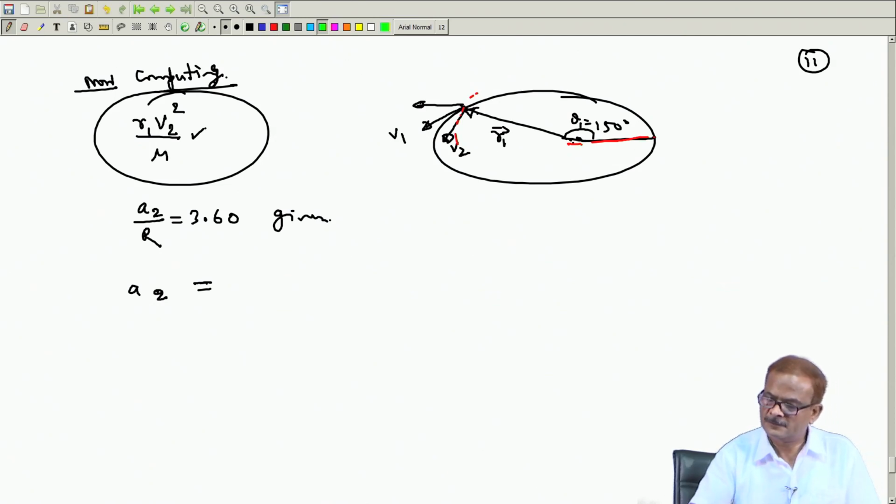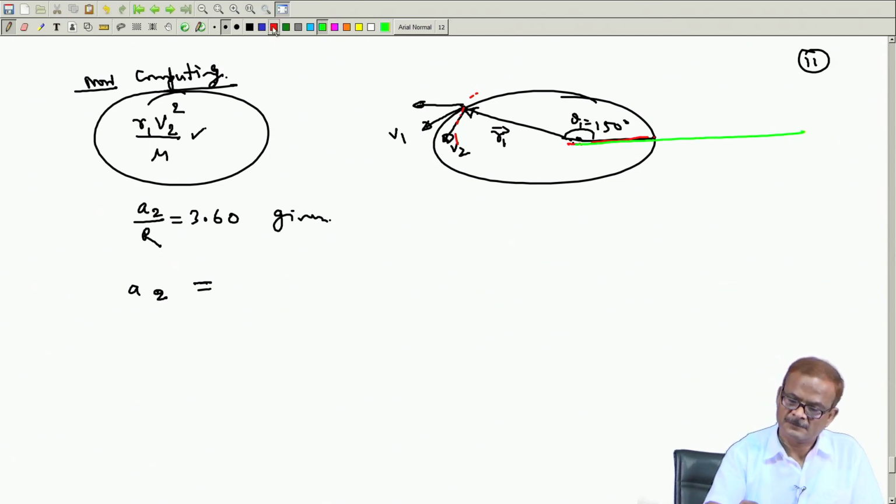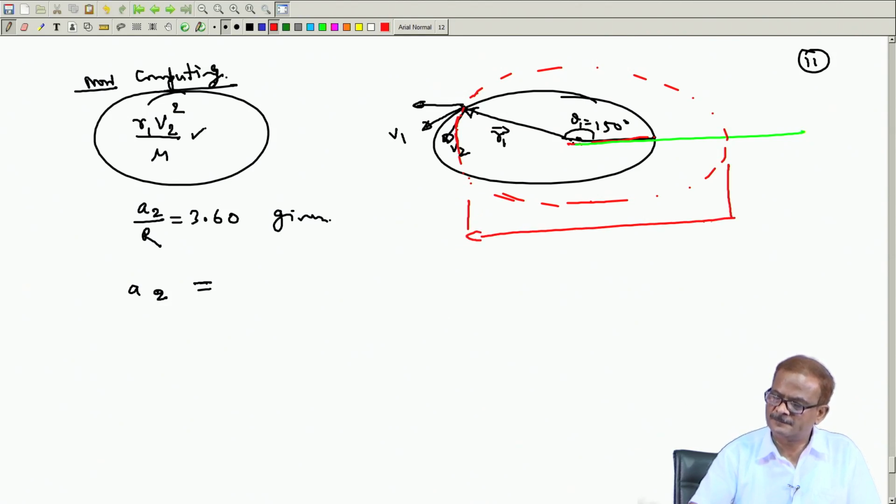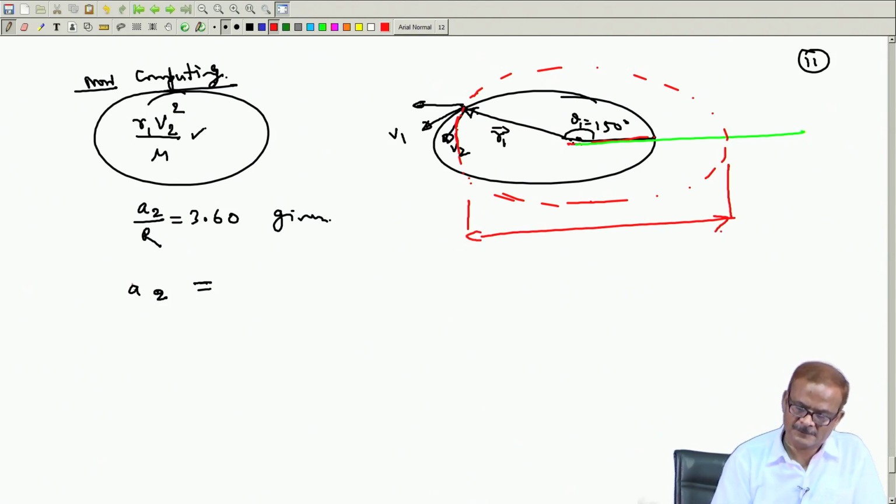Periapsis remains the same, periapsis is here in this direction, but the orbit you are changing. Maybe if you are giving impulse here in this direction, it will look like this. So, this is your new orbit, and for that you have to calculate this distance divided by 2, that gives you the semi major axis. So, this is the thing being written here.